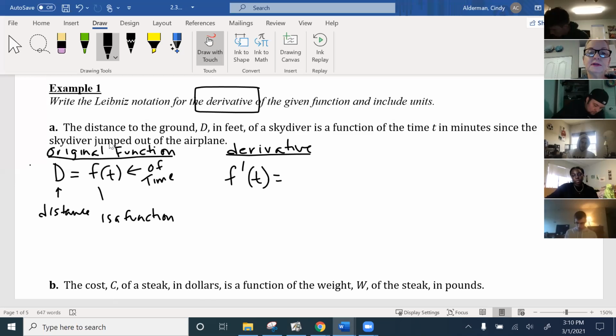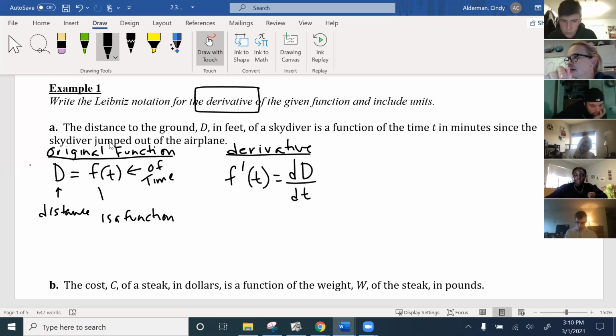If we do it in terms of Leibniz notation, we're going to say it's d over dt. And notice where I get the big capital D: it's the distance, right? And we know that distance is a function of time, right? So the big D goes on top because that's our main function, right?